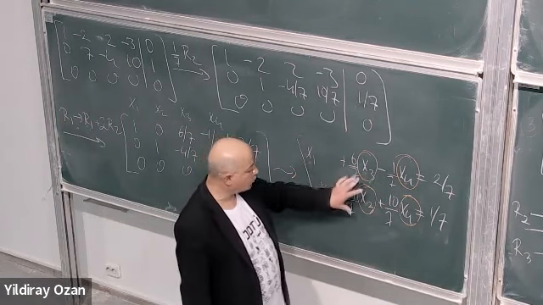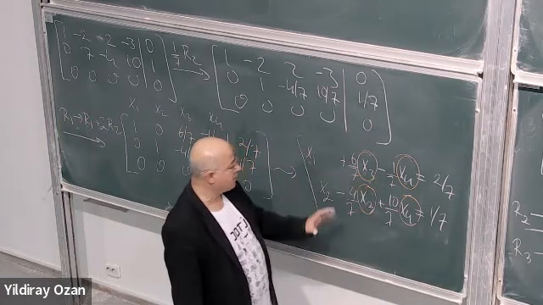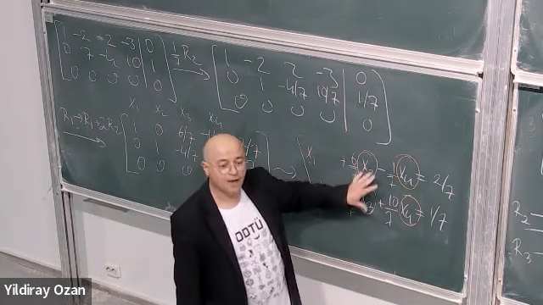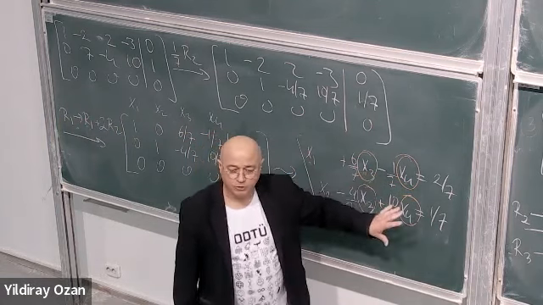So all the solutions are obtained this way. You just assign values to x3 and x4, and then compute x1 and x2, and that gives us all the solutions. So I can write the following.